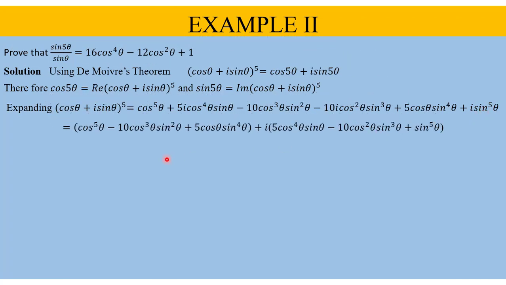Then we go ahead and collect like terms, the real parts together and the imaginary parts together, which will be cos power 5 theta minus 10 cos cubed theta sin squared theta plus 5 cos theta sin power 4 theta plus i into 5 cos power 4 theta sin theta minus 10 cos squared theta sin cubed theta plus sin power 5 theta.